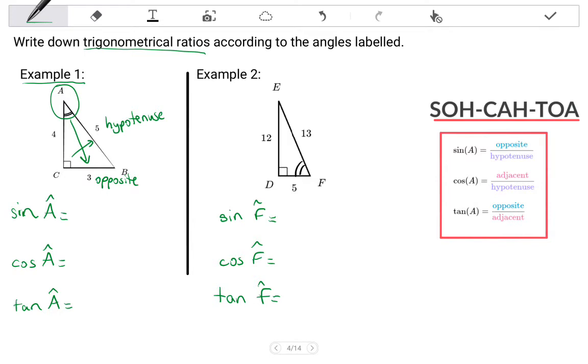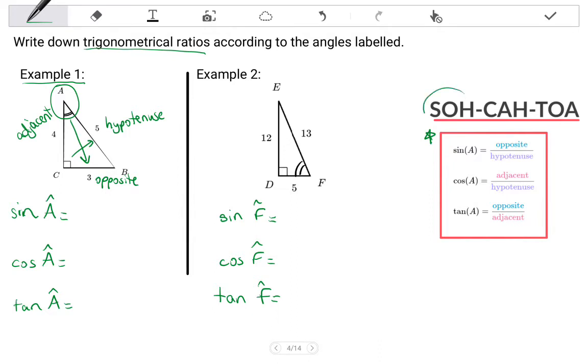The adjacent side is placed next to the angle A, and it is 4 in length. So, trigonometrical ratios are given next to the page.